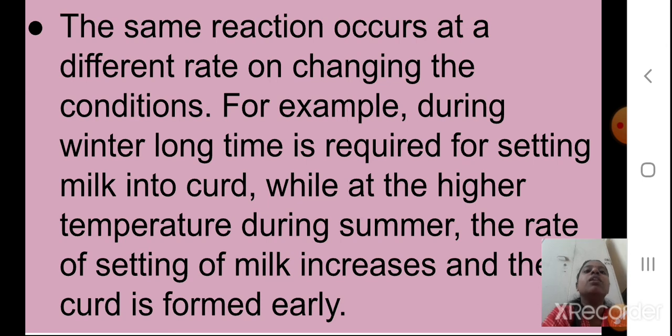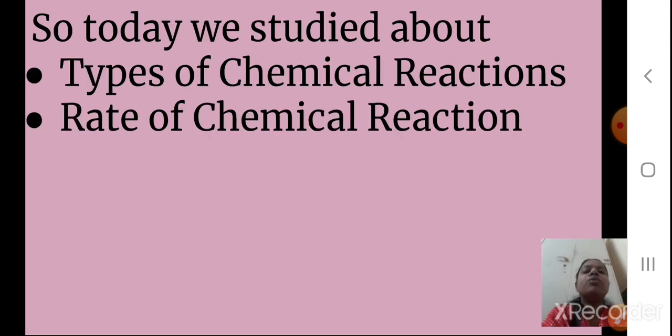Okay students, so we have come to the end of today's session. Today we studied the types of chemical reactions. You will remember we saw combination reaction, decomposition reaction, double displacement reaction, endothermic reactions, and exothermic reactions.